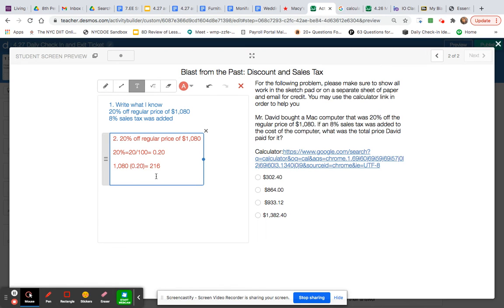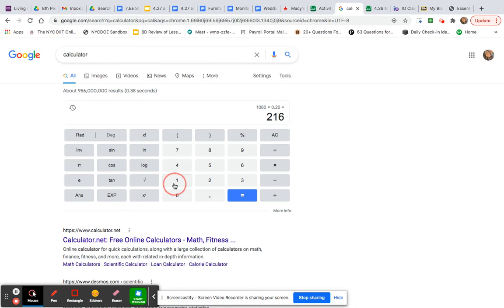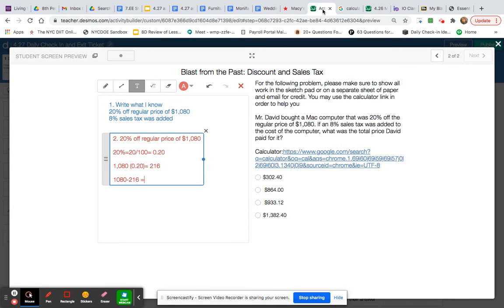Now we want to take that amount off of the price. So I'm going to do 1,080 minus $216. And that gives me $864. So that's $864. Are we done?